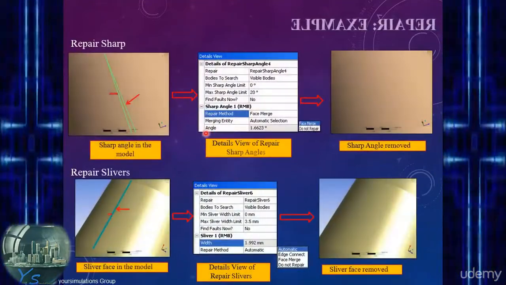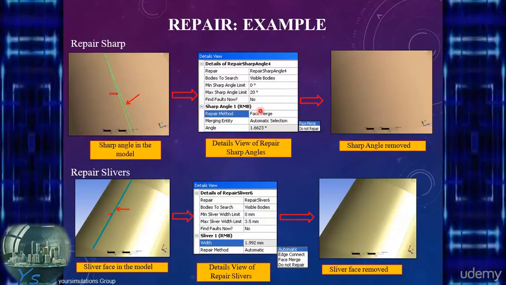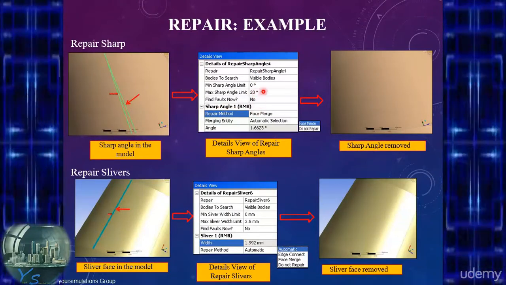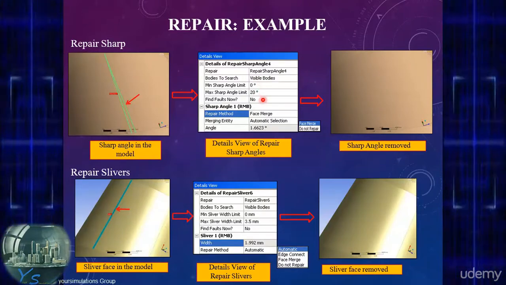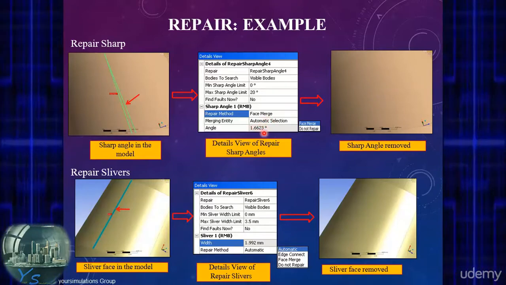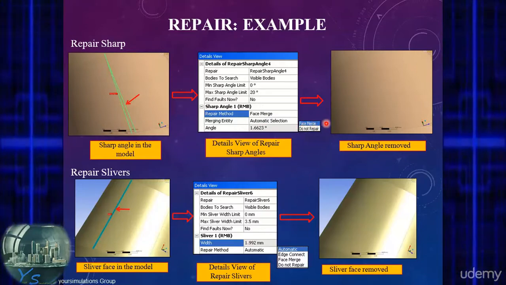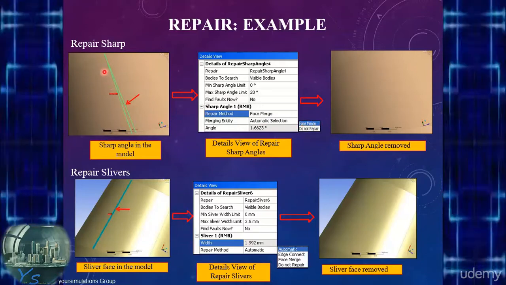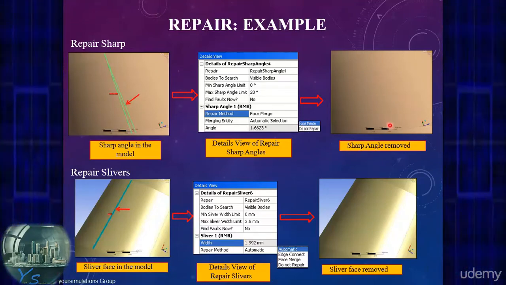We can also opt for repairing of sharp angles. Again, it will search through and look for all of the angles between, in this case, the minimum and maximum angles, between 0 and 20 degrees. In this case it's found an angle which is 1.6 degrees, and the default operation is to perform a face merge, which will merge the face with a neighbouring face in order to avoid that sharp angle.